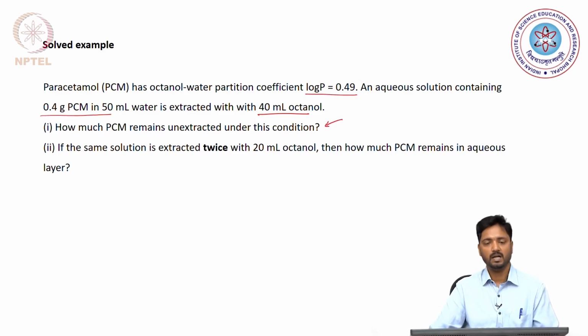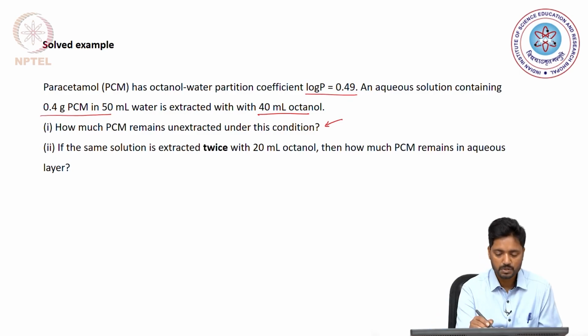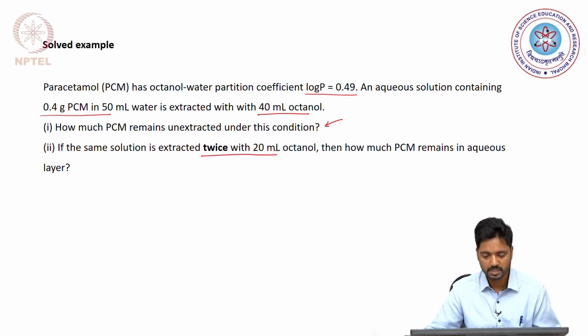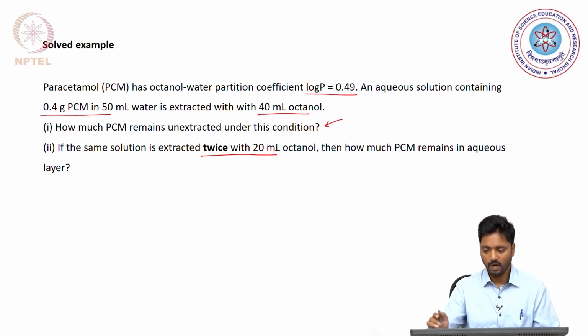And the other condition that we will employ is where we use 2 extractions with 20 ml octanol each. So, the total volume still remains 40 ml of octanol that is used. In this condition, how much of the paracetamol remains in the aqueous layer?